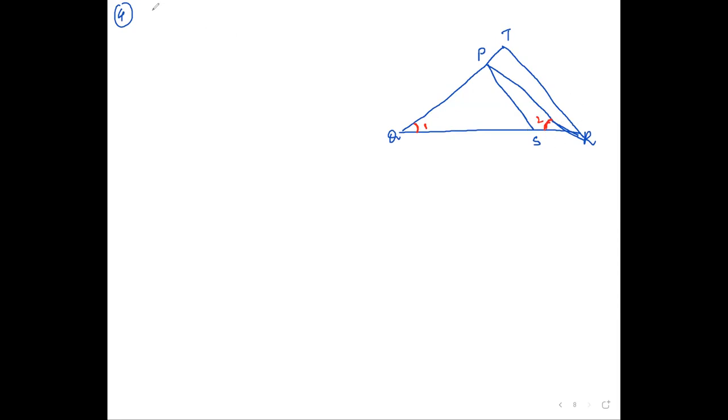So start with whatever is given here. Something is given that QR upon QS is equal to QT upon PR. Note it down.